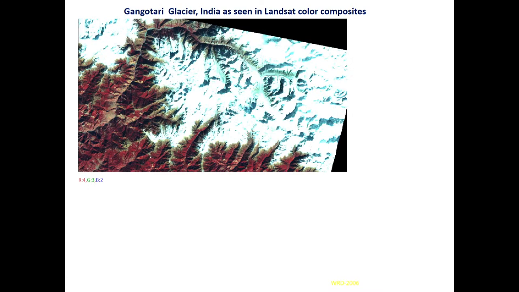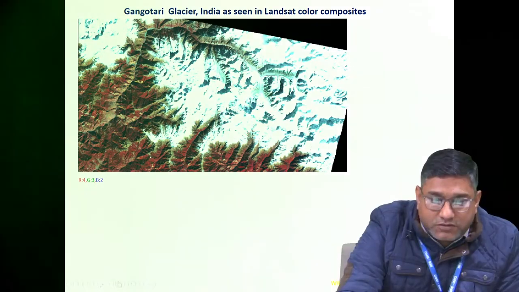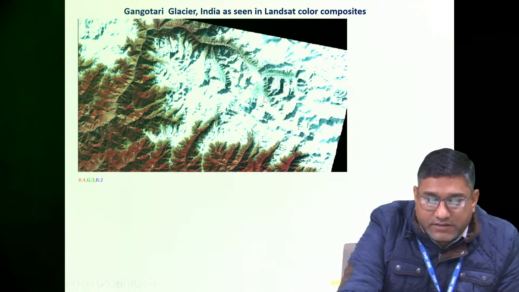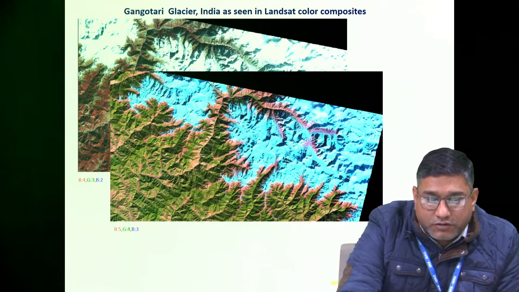Now if I have Landsat data and I generate the standard false color composite, I am not able to discriminate between the snow and the cloud present in the image. Now if I bring the SWIR band into consideration and generate the false color composite, it will look like this.